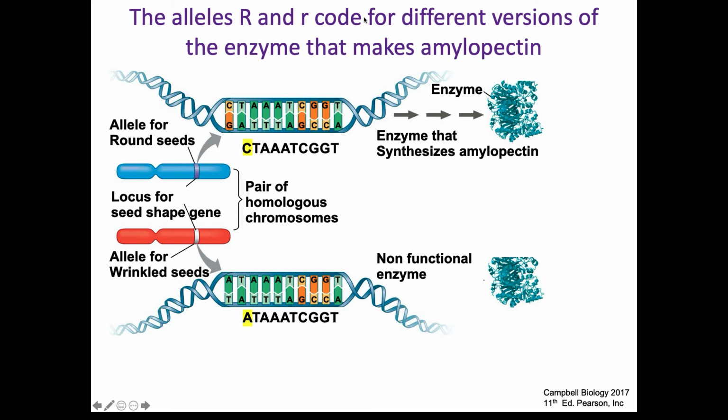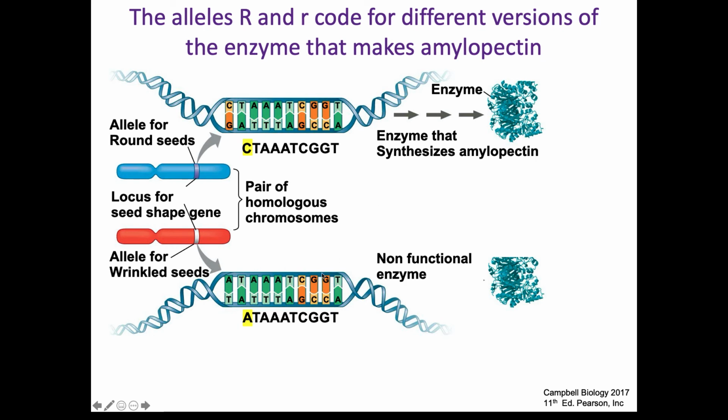The two alleles are coding for different versions of this enzyme that makes amylopectin. The round allele codes for an enzyme which is fully functional, and that means it's able to synthesize amylopectin.